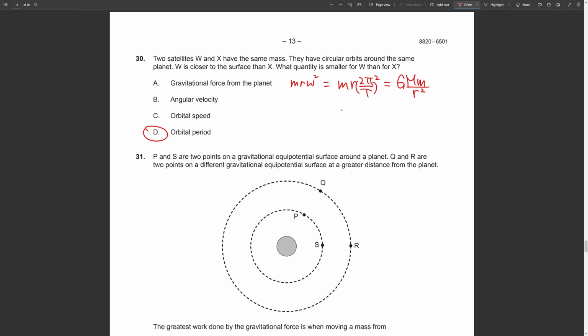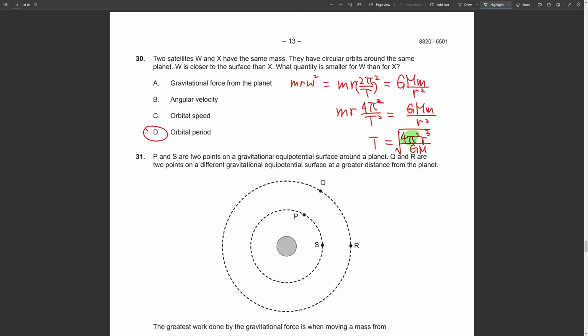And you can rearrange to get T being the subject. Let's begin with 4 pi squared over T squared. On the right is G big M over r squared. Then you will get T, it is the square root of 4 pi squared r cubed divided by G big M.